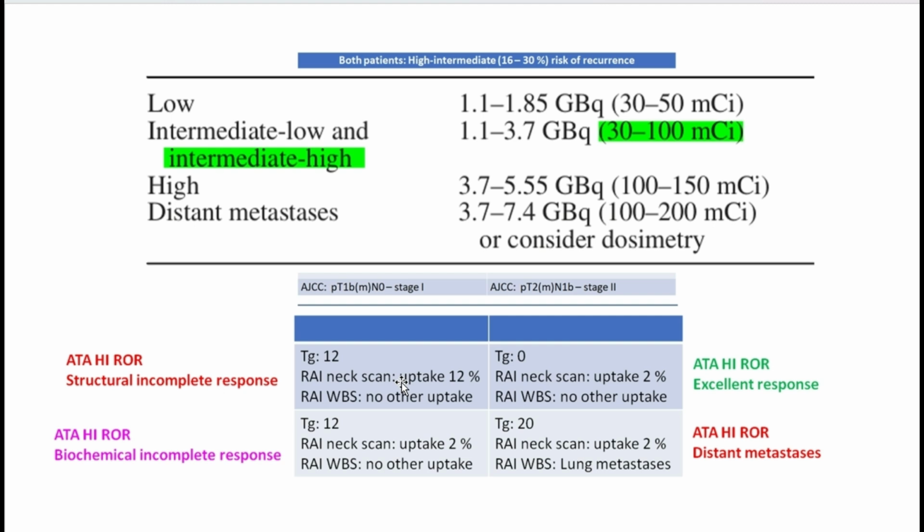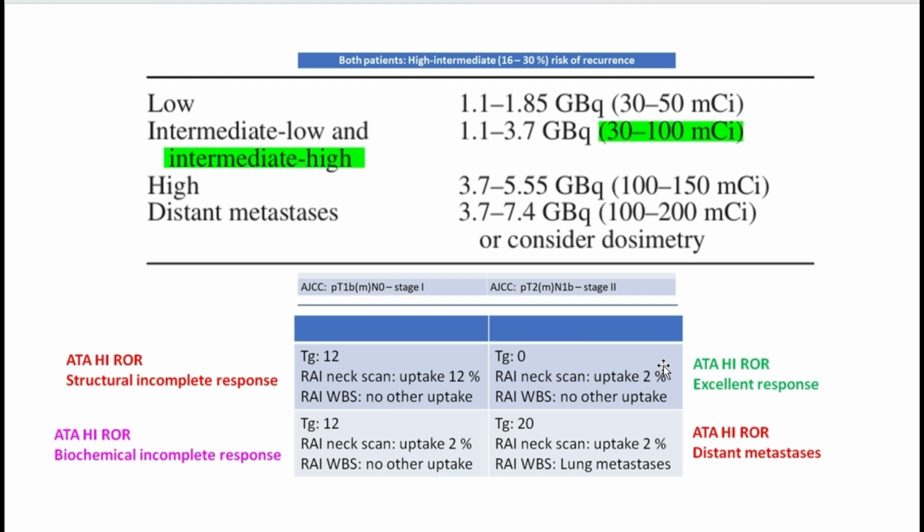So that is why patient A, though as per the histopathology report she had a less aggressive disease compared to patient B, now will have to be treated with a higher dose of radioactive iodine compared to patient B because of the structural incomplete response, meaning structural presence of functioning thyroid tissue.